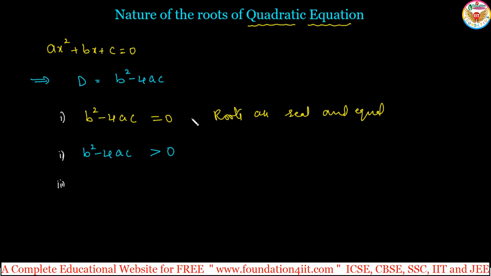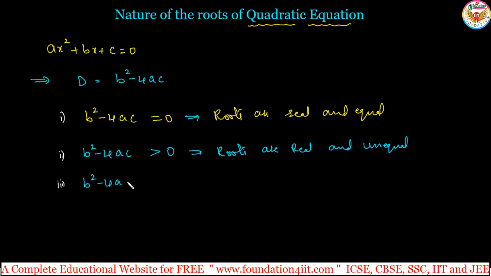If it is greater than 0, then the roots are real and unequal. So we will get two different values. Equal to 0, we get the same root for both. Greater than 0, roots are real and unequal.